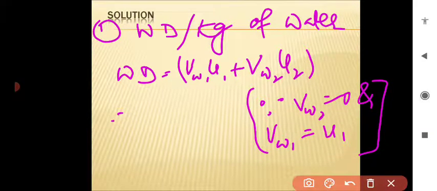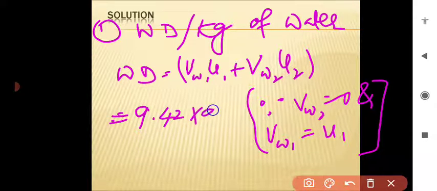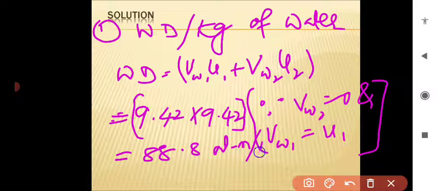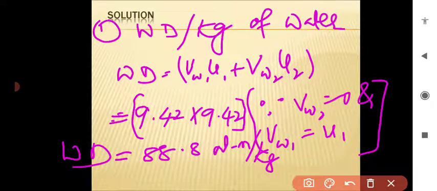So it is 9.42 into 9.42. If you calculate it, you will get 88.8 Newton meter per kg. So the work done is 88.8 Newton meter per kg.